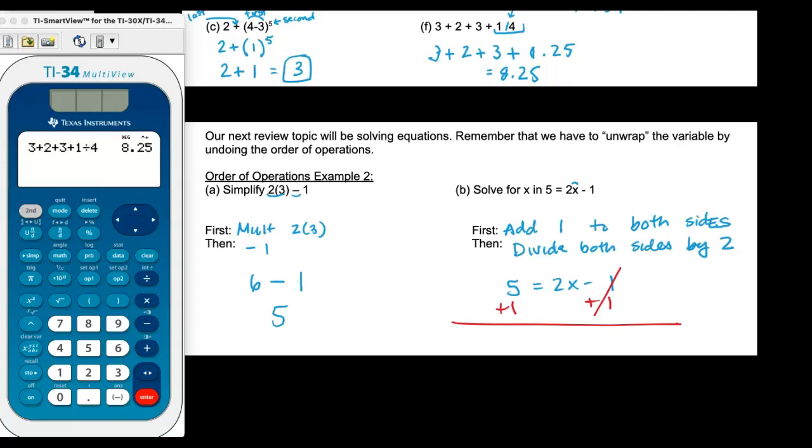And so I get 5 plus 1 on the left is 6. And then x is being multiplied by 2, so the opposite of multiplication is division. So I divide both sides by 2, and I end up getting x equals 3. So again, the only time you want to do the order of operations opposite or undo the order of operations is when you're solving equations.